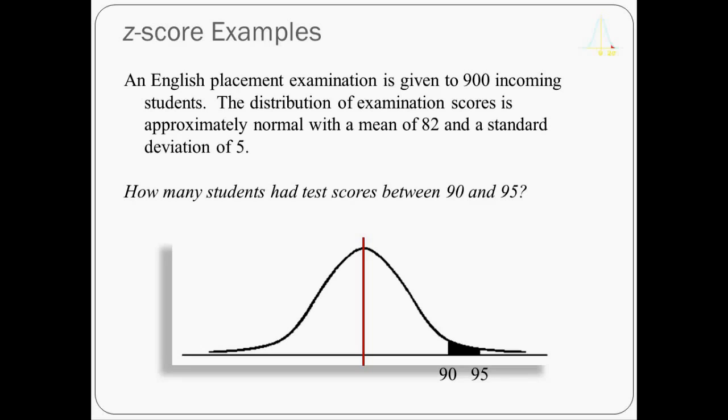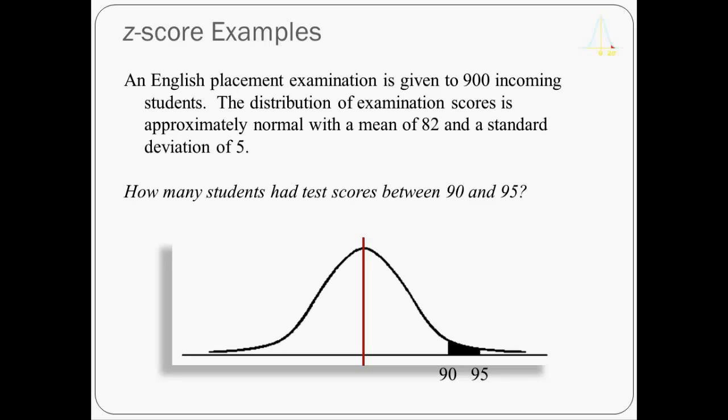The way we're going to do this, again, is based on the same principles we've already used. We're going to convert the score of 90 to a z-score and look up the area for that between the mean of 82 and 90. We're going to convert the 95 to a z-score and use the z-table to get the area between the mean of 82 and 95.